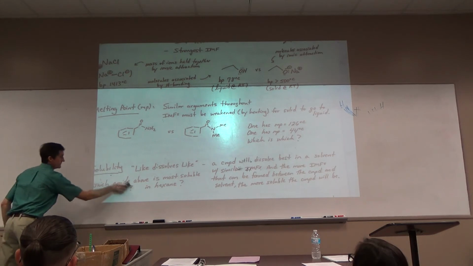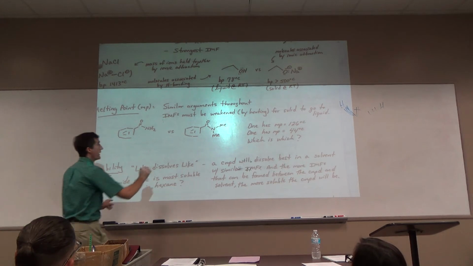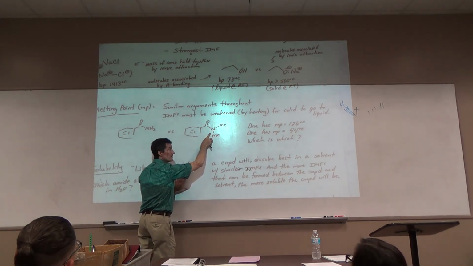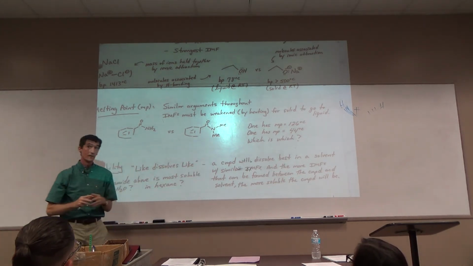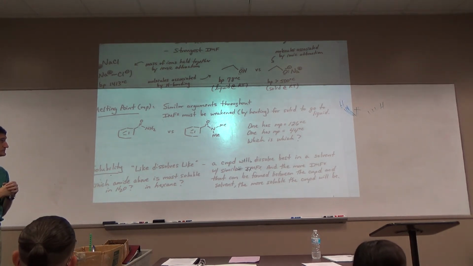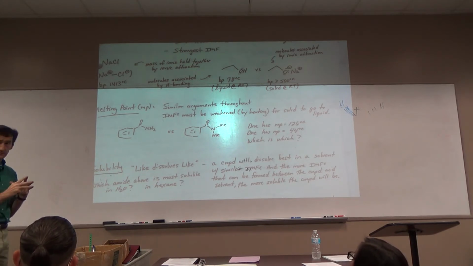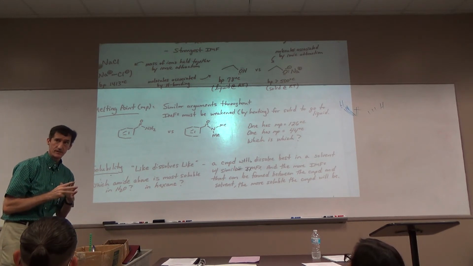Yes. That lone pair on that nitrogen in the second compound, does that lone pair get conjugated into the pi bond? It is, yes. So is it still an acceptor? Very good question. I haven't distinguished between that yet. Yes, it's going to be a fairly weak hydrogen bond acceptor because it's busy doing conjugation.